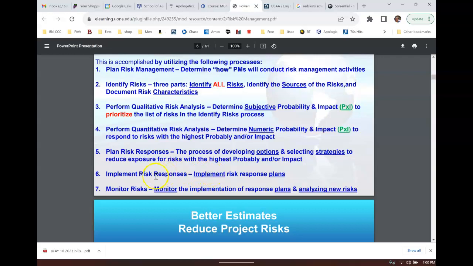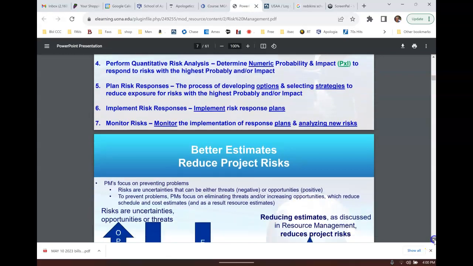This is a new process. And frankly, PMI has found that project managers are great at planning risk responses. What we're not good at is watching for the triggers and implementing those plans. And so the last process, which is normally a control process, is still in that genre. We call it monitoring risks because we want to monitor for those triggers.